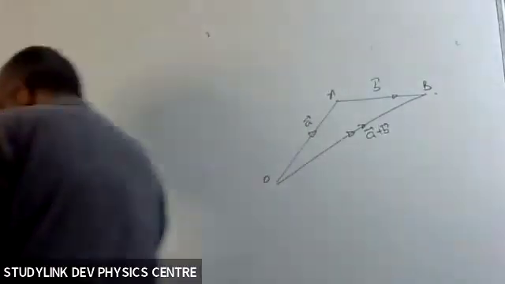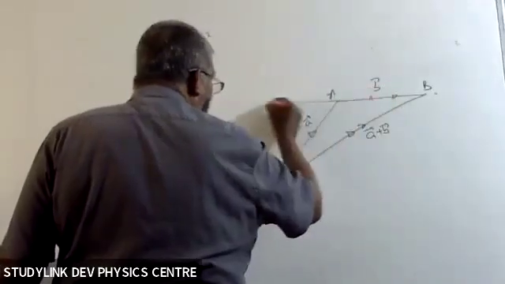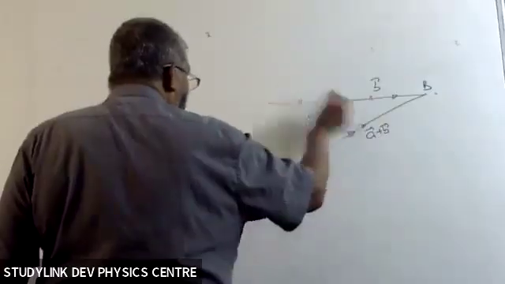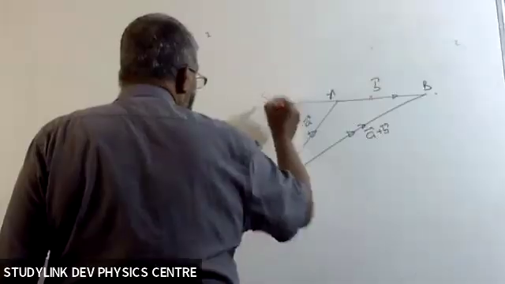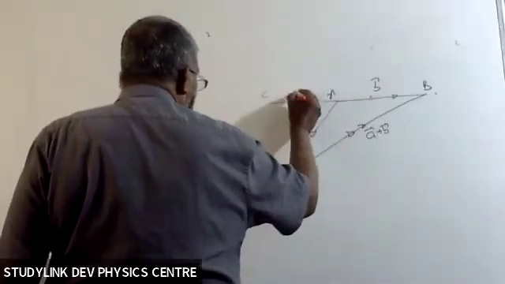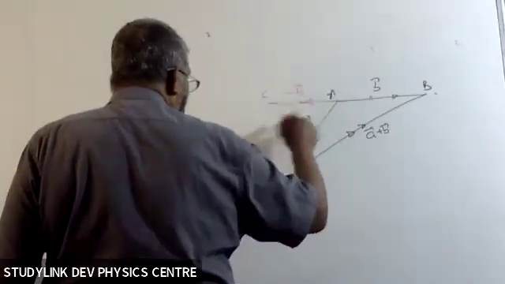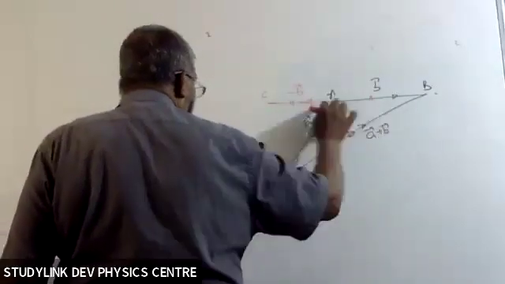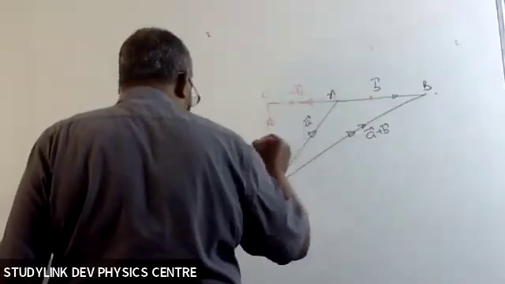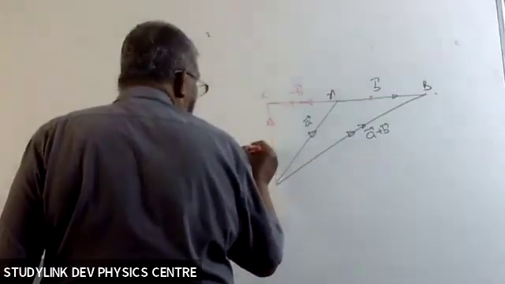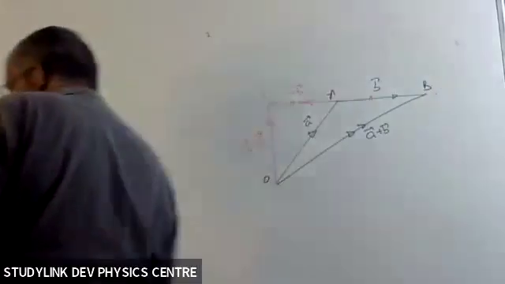Take the same length and draw it like this. We prove that C is, this is minus B. The direction is opposite, the same value. Then OC is A minus B. This is what we considered.